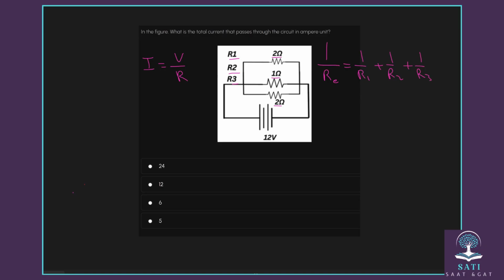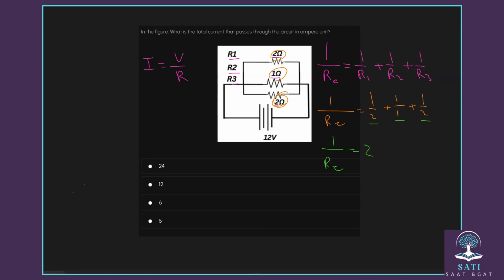So in this case, 1 over the equivalent resistance equals 1 over R1, that means 1 over 2, plus 1 over 1, plus 1 over 2. If you add them, 1 over R_E equals half plus 1 plus half. It's going to be 2.